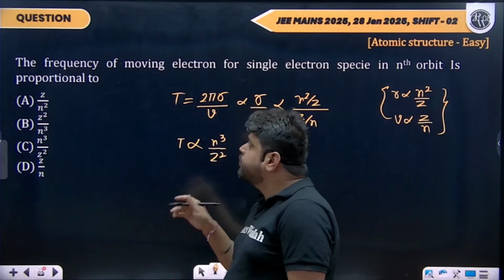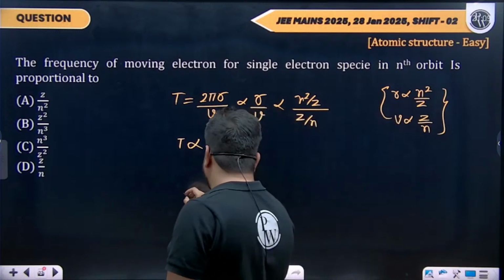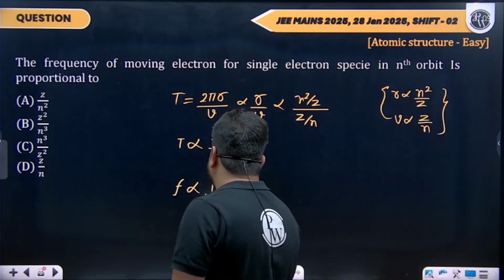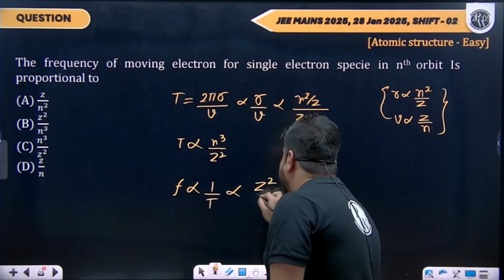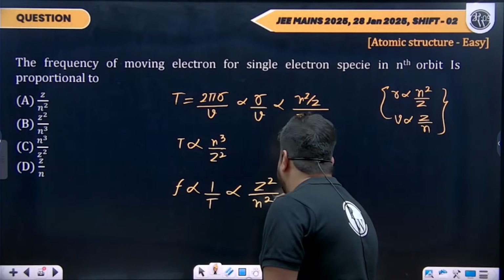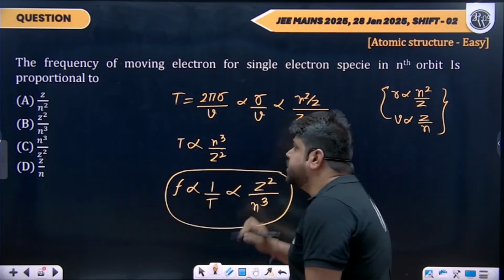But sir, we have to know about the frequency, and we know very well frequency is inversely proportional to time period. So now frequency is directly proportional to z square and inversely proportional to n raised to power 3.